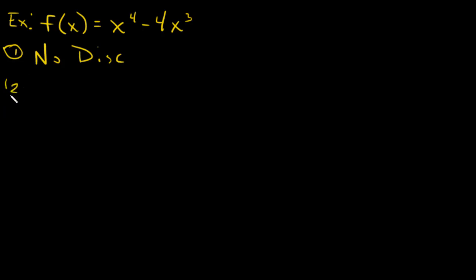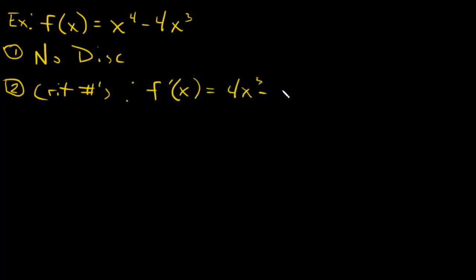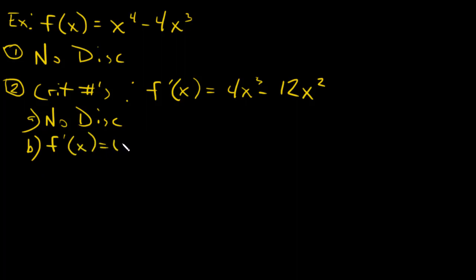Step two, we need to find the critical numbers. So for that I need f prime. So f prime of x is going to equal 4x cubed minus 12x squared. Part A, are there any discontinuities or cusps? Nope, no discontinuities.